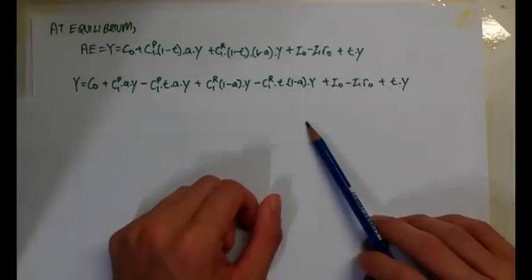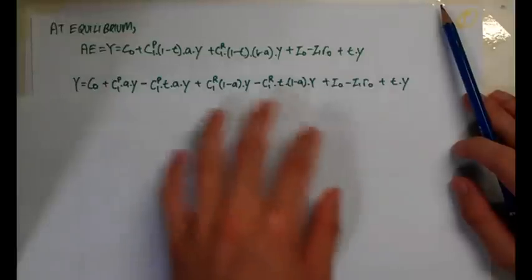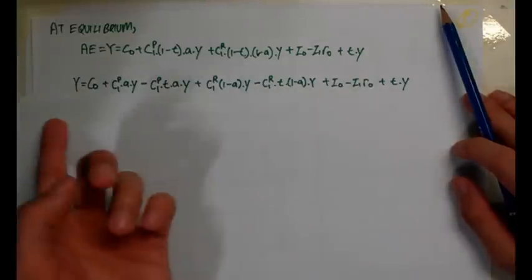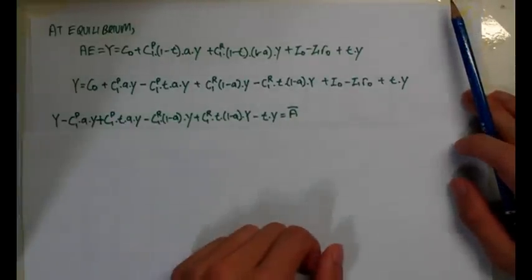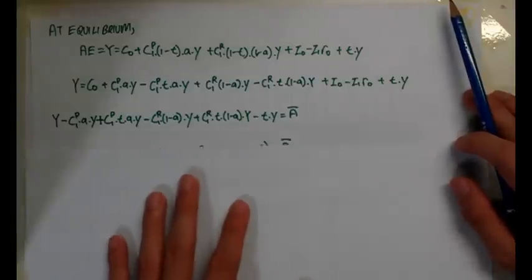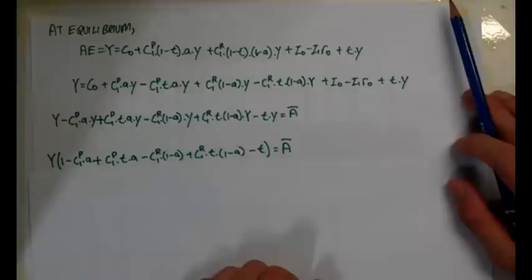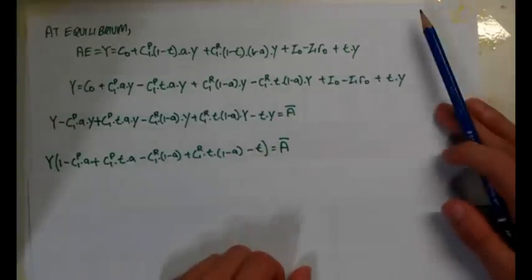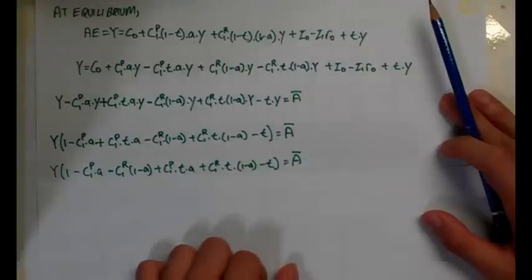So what I did was I'm going to take all these y components and throw them to that side. And I'm going to call everything else A bar. Now I'm going to factorize y, and I get all this bunch of stuff over here. Actually, you can press pause if you want to. Then I'm going to simplify this side.